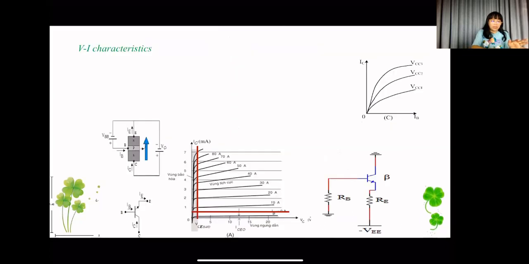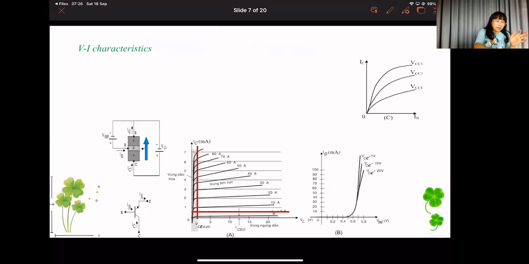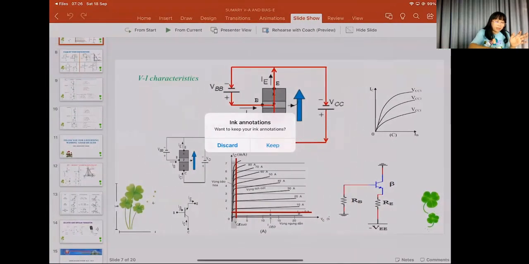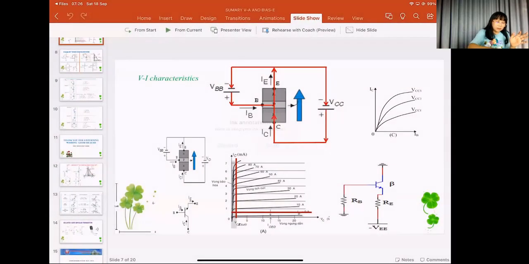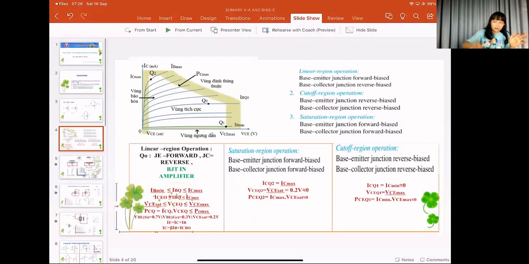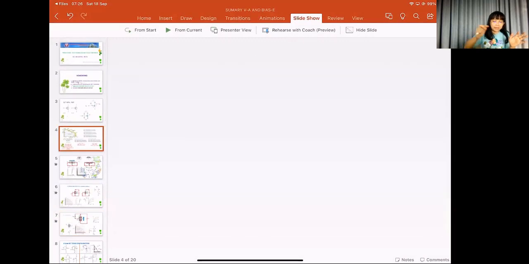But you should only remember the volt-ampere characteristic.